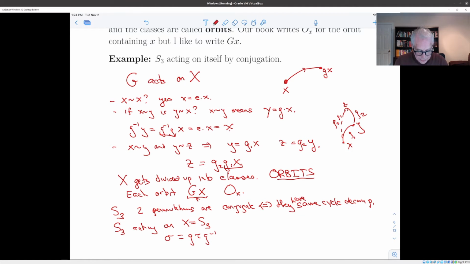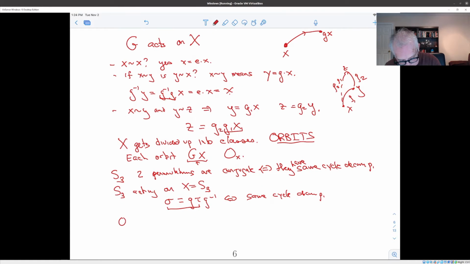So we know that two permutations, sigma and tau, are conjugate if and only if they have the same cycle decomposition. That means that the orbits in this particular case correspond to the cycle decompositions. So there's the identity element, there are the 2-cycles, and there are the 3-cycles in S3.